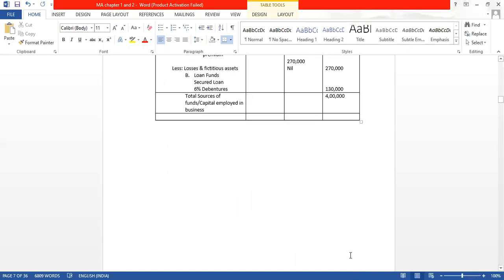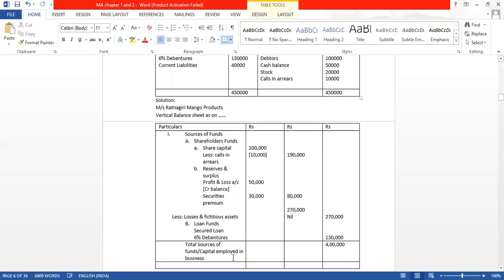Now we come to the other side, that is second Roman 2. The amount we have collected as sources of funds, how have we used it in business? Application of funds.